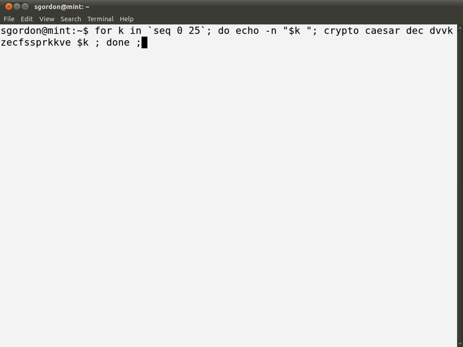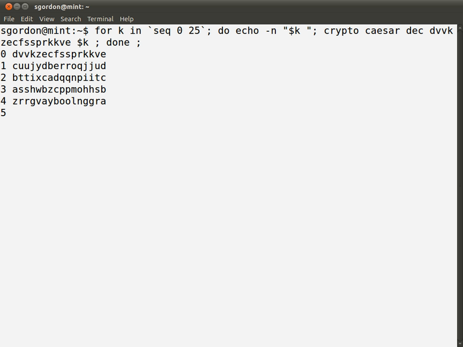Simply, it doesn't look so elegant here. This is a piece of code that applies the Caesar cipher, decrypts this ciphertext using key k, and we put that in a for loop where k is going to be 0 to 25. And it's printing out the key and the corresponding plaintext. Tell me the key.